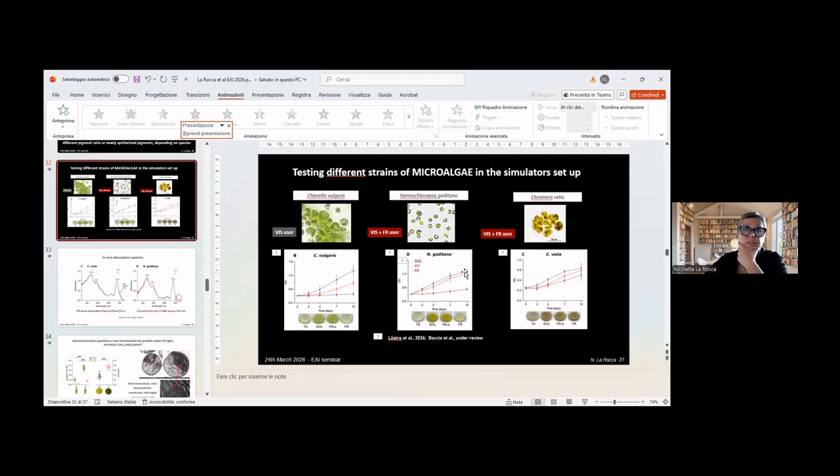But you have to think that each experiment takes many days, each test to be done in triplicates, quadruplicates, biological samples, and so on. So it's not so easy.